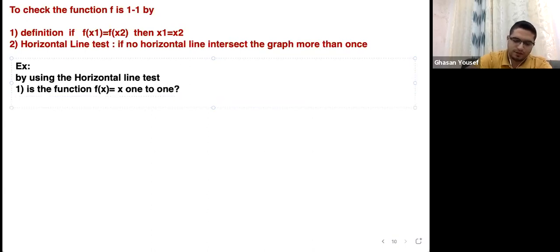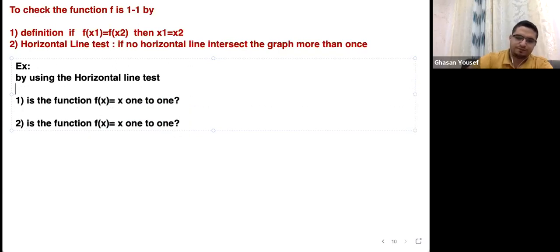Second one, the same thing but we change the function. Number 2, is the function x squared one-to-one? So here the first one is x cubed, and here we have x squared.